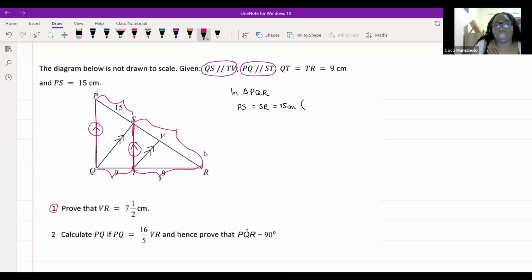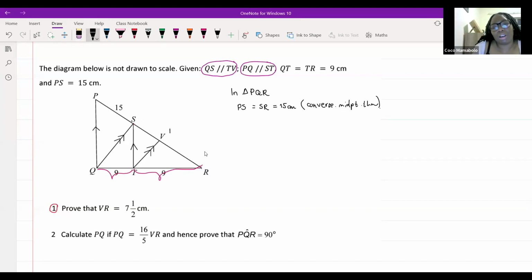Remember, guys, they've just said this diagram is not drawn to scale. I know you're wondering how that is 15 and this also 15 when that is small and that is big. It's because it hasn't been drawn to scale. It has nothing to do with the actual question itself. Our reason here is the converse of the midpoint theorem. So now we know that SR is equal to 15 centimeters.